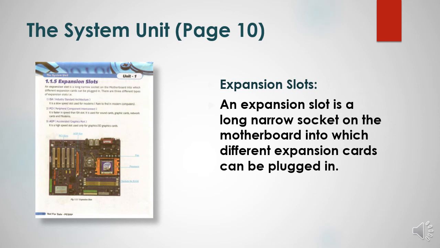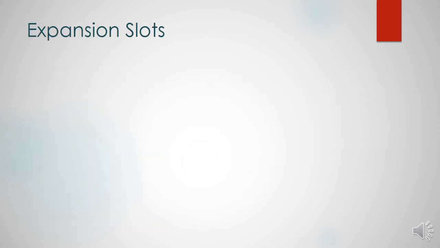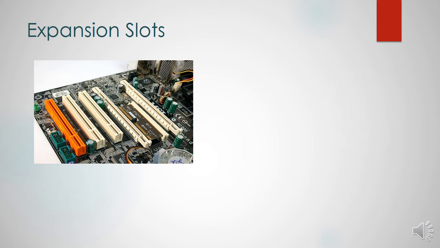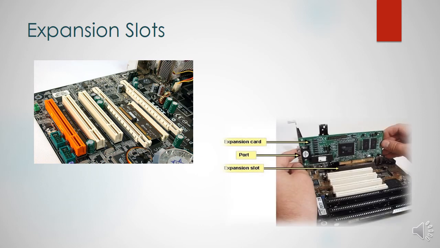Let's explain expansion slots with the help of some other diagrams. Here is the close-up view of expansion slots, and in this diagram you can observe how an expansion card is attached to the expansion slot.